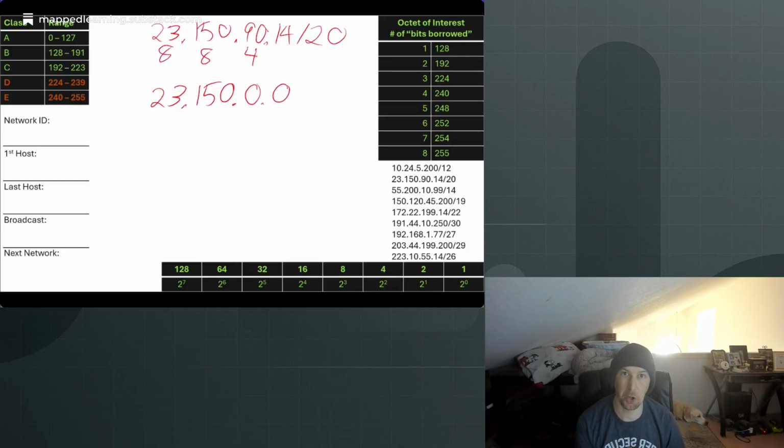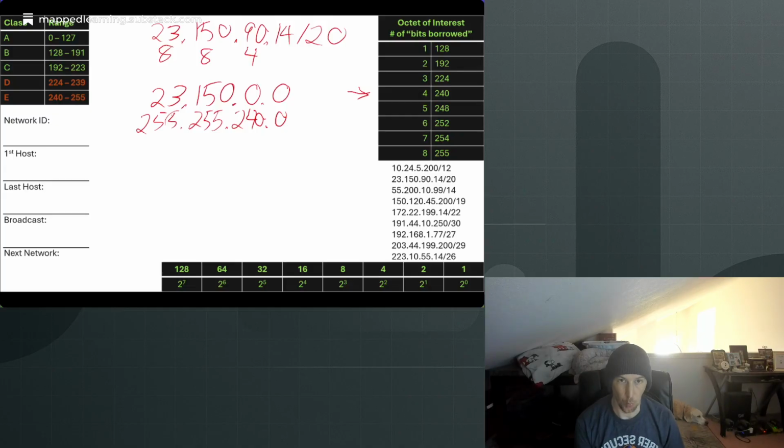So what's the magic number? Well, in this third octet, we're borrowing 4 bits, same as the last exercise. So the new subnet mask is 255.255.240.0. Okay?